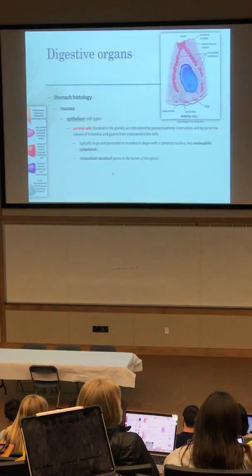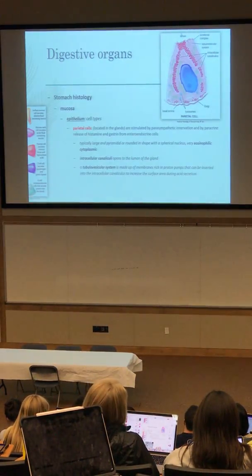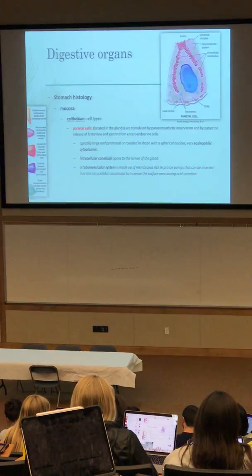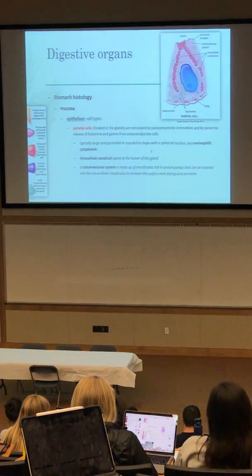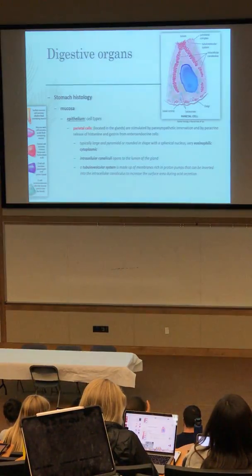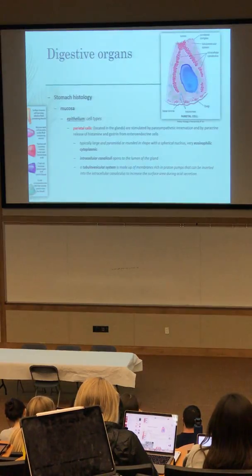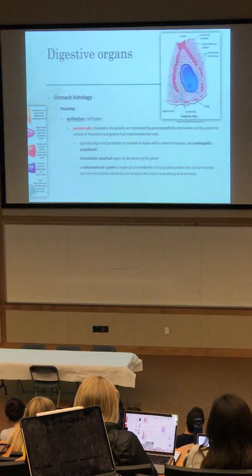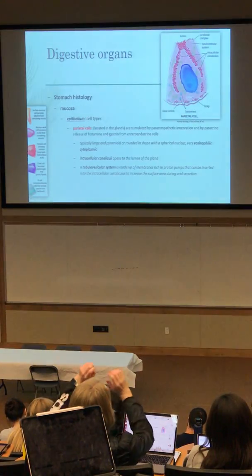You can see that here. But they also have, and it doesn't show up very well in this picture, it's labeled but you can't really see it, what's called a tubulovesicular system. And this is made up of membranes. These membranes are rich in proton pumps, and what can happen is they can be inserted into the walls of the intracellular canaliculi to increase their surface area.